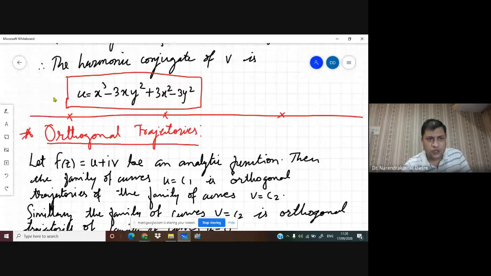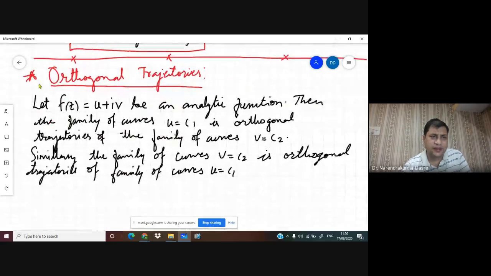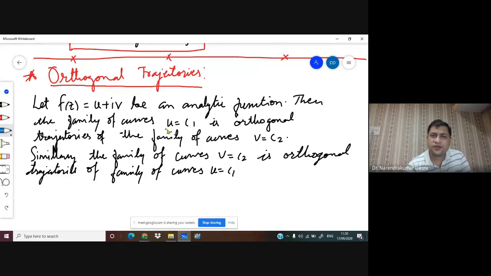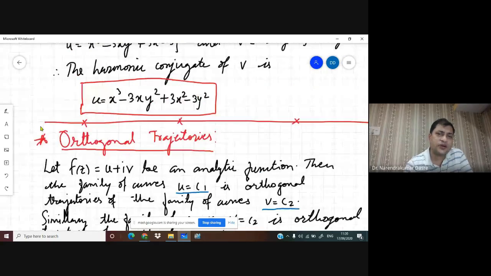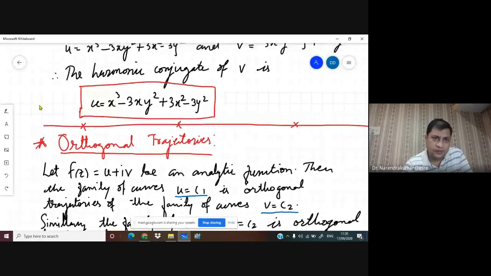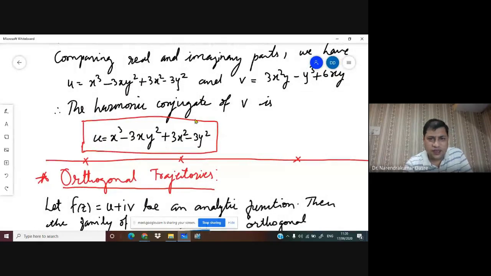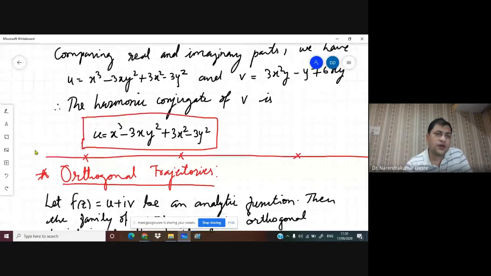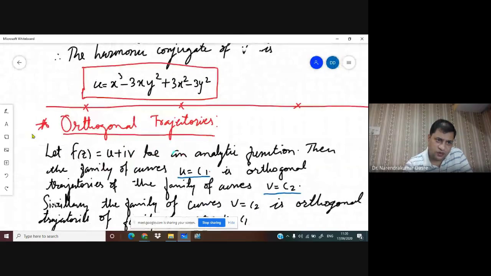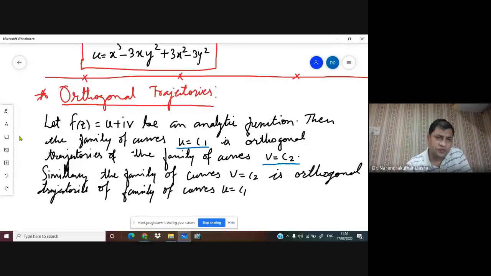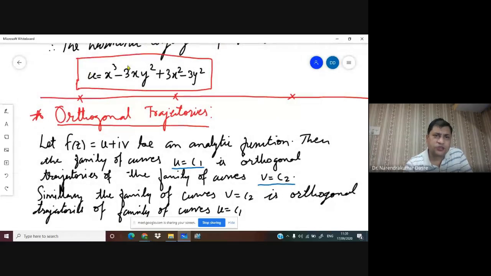Okay, so you can see the main thing is that here I'm writing u is equal to c1, v is equal to c2. As in the previous case, I have not written it like that. And hence, if I consider the harmonic conjugate, it is only one curve.